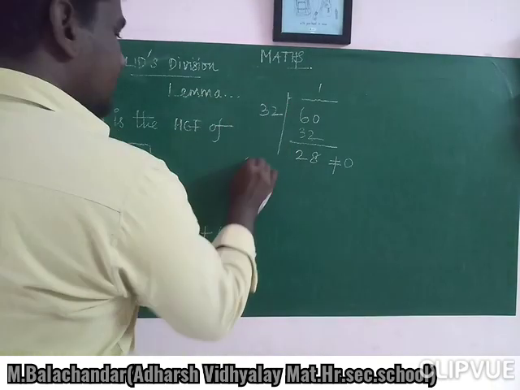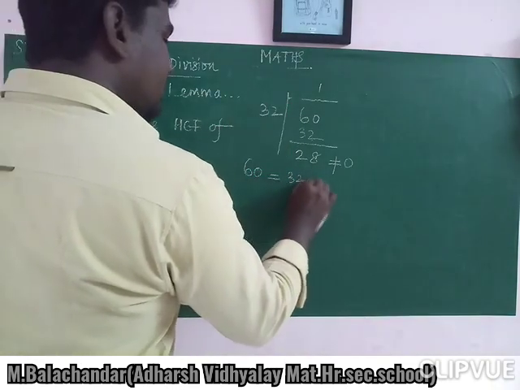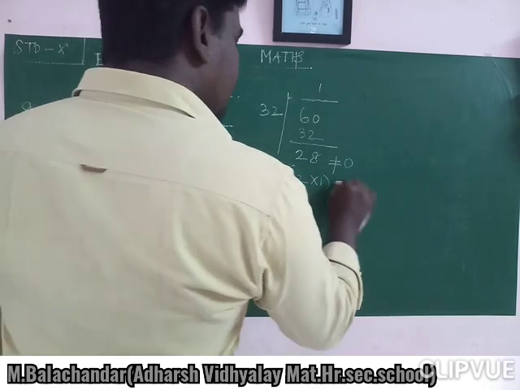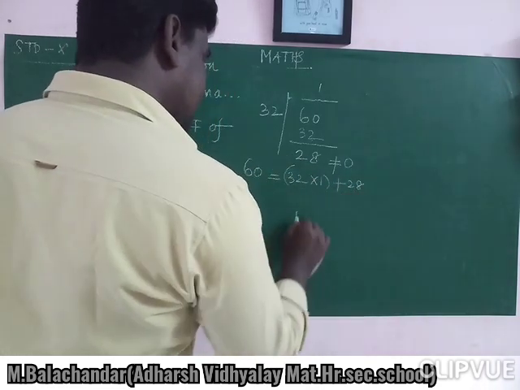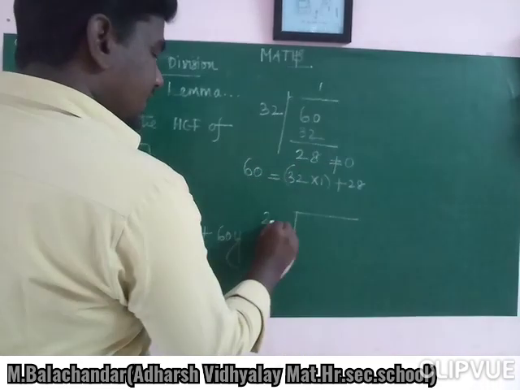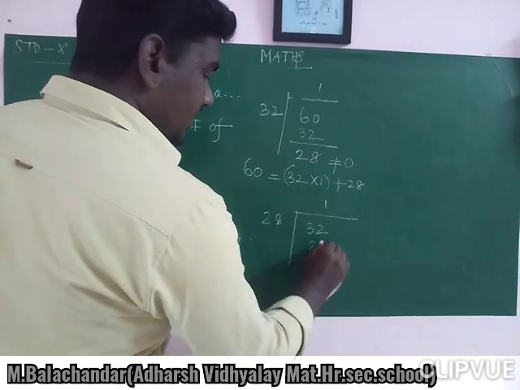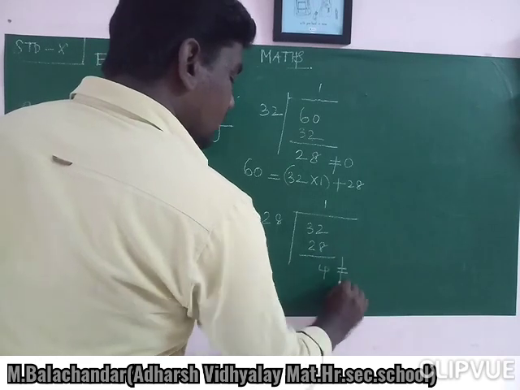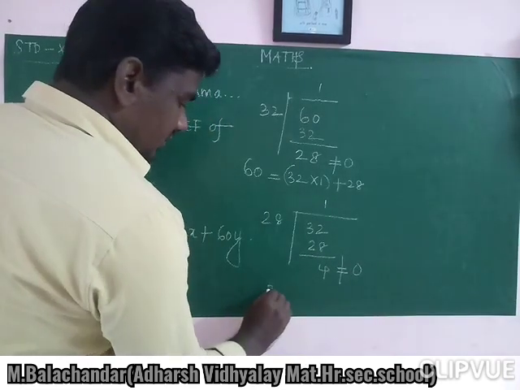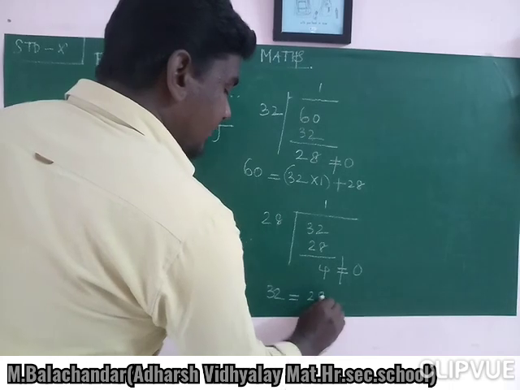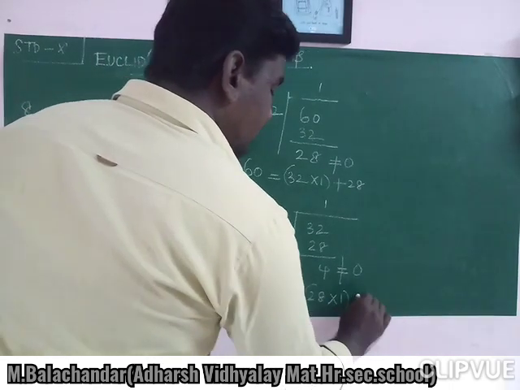So it can be written as this. 60 can be written as 32 into 1 plus 28. Next, 28 will be the divisor and 32 the dividend. 1 time 28, remainder 4, not equal to 0. So 32 can be written as 28 into 1 plus 4.